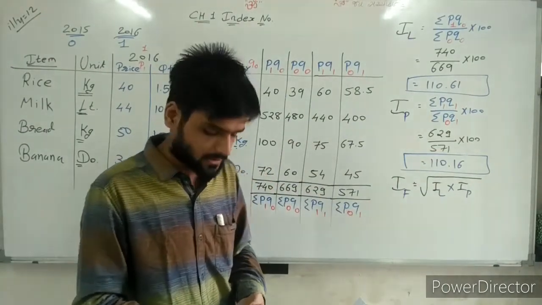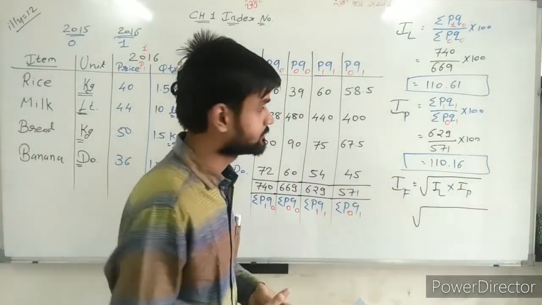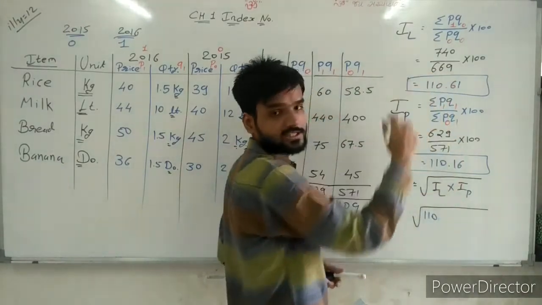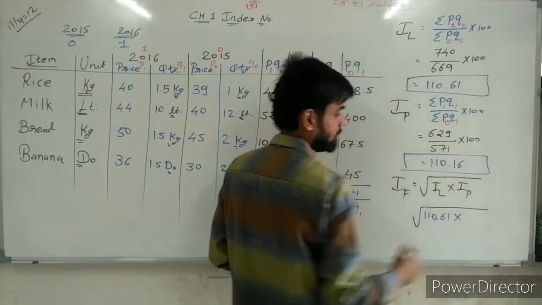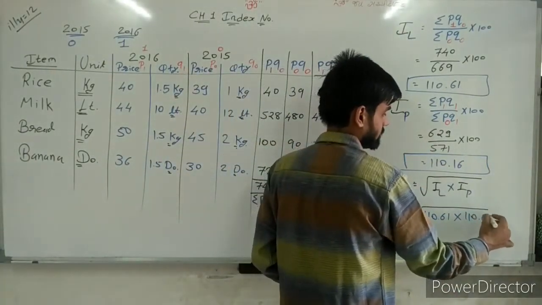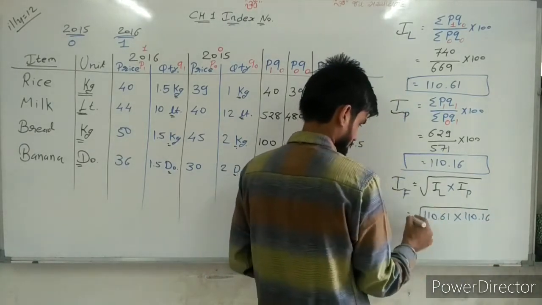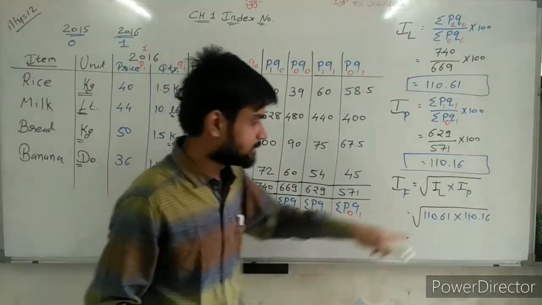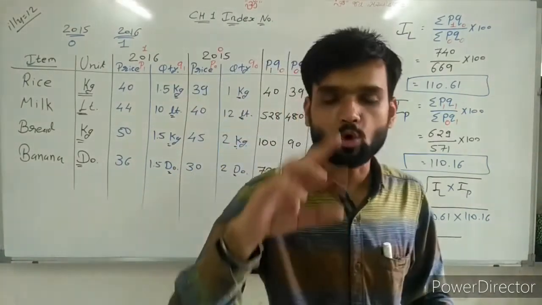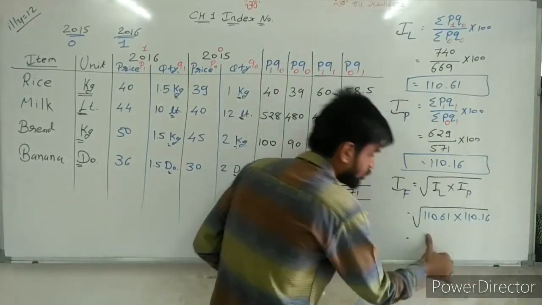Now finding Fisher index number. Simple. Under root, the last pair index number answer is 110.61, multiplied by 110.60. Now you can multiply both, and then find its root also.